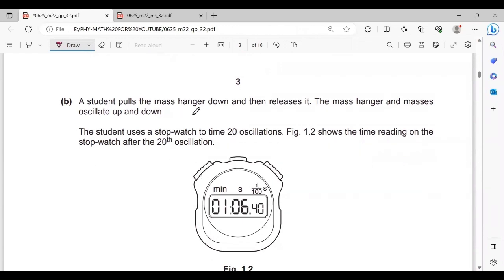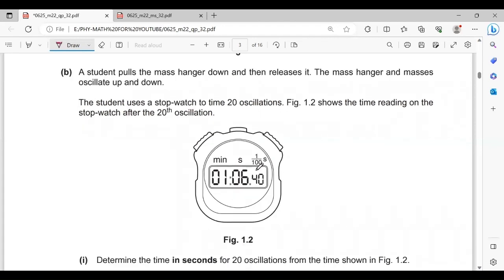Students push the mesh hanger down and then release it. The mesh hanger and meshes oscillate up and down. The students use a stopwatch to time 20 oscillations. Figure 1.2 shows the time reading on the stopwatch after the 20th oscillation.